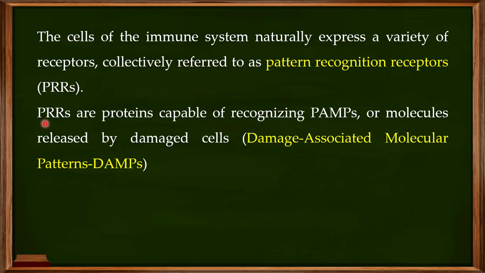So these PRRs have the potential to recognize these PAMPs. They are not good for the health of the mammals, because they are causing certain sorts of infections, or if there are damaged cells. Of course, we do not need damaged cells in our body, so these PRRs are able to recognize both these PAMPs and these DAMPs, thereby clearing them from the mammalian bodies.